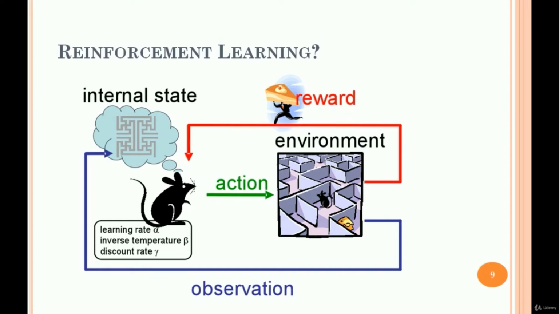As we can see, here we have a mouse in the form of computer. Computer first observes the environment and then it tries to take some action in a particular environment. If it's a good action, then computer will be rewarded for that, or else it will be penalized for that.